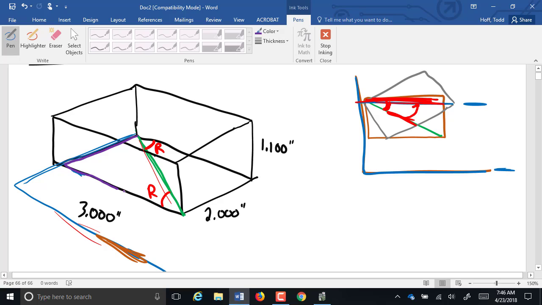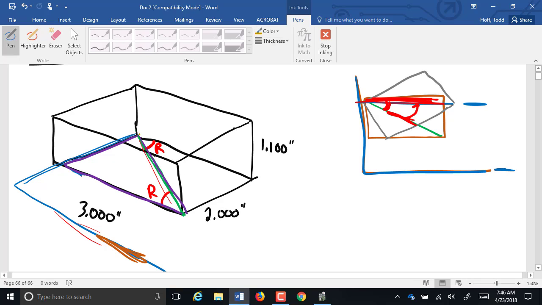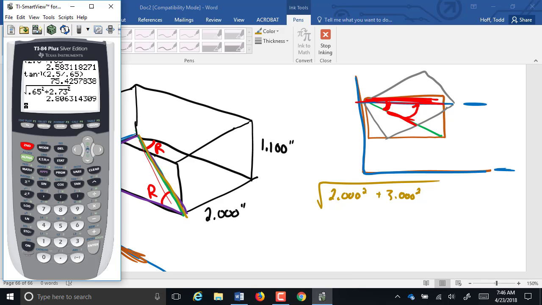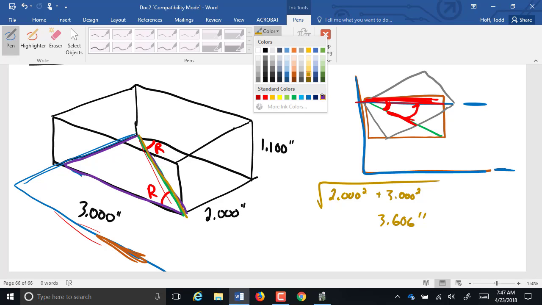I could find the length of that line doing that. You're absolutely correct. If I wanted to find the length of this line here in brown, it's 2.000 squared plus 3.000 squared, square rooted. Inverse tangent, okay.